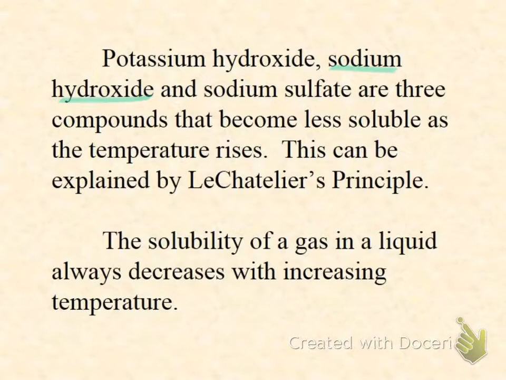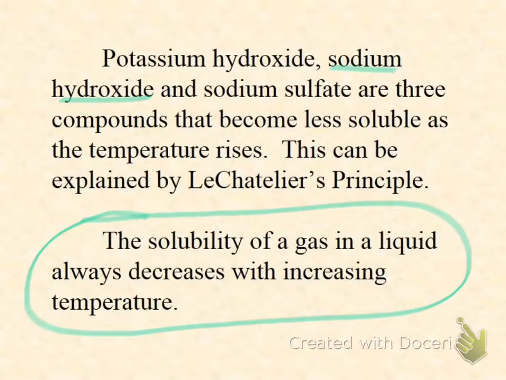The solubility of a gas in a liquid always decreases with increasing temperature. Always. And we don't say always very often in chemistry, so make sure you remember that, okay? That's why it's very dangerous if our waterways get too warm, because the amount of dissolved oxygen that the marine life utilizes is decreased.